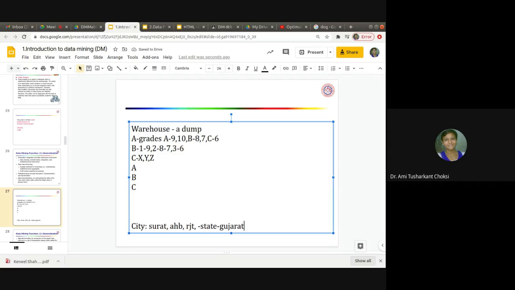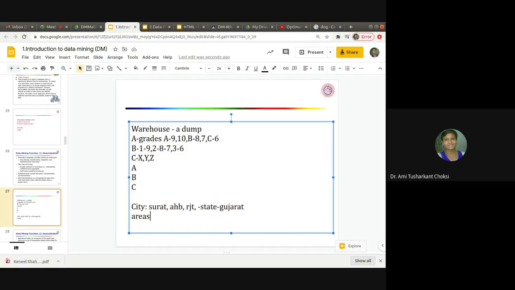Generalization. If the data is given as Gujarat and we want to go into the detail of that, into specific things, then we go to the cities. If we go further into detail, then we consider the areas, like street names or area names, say Gordod, Parley Point, or Magdalla.